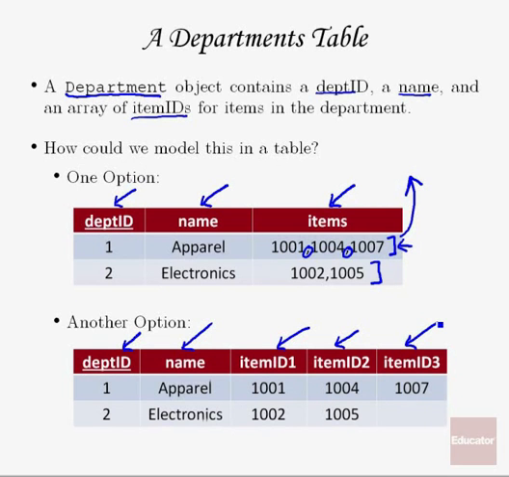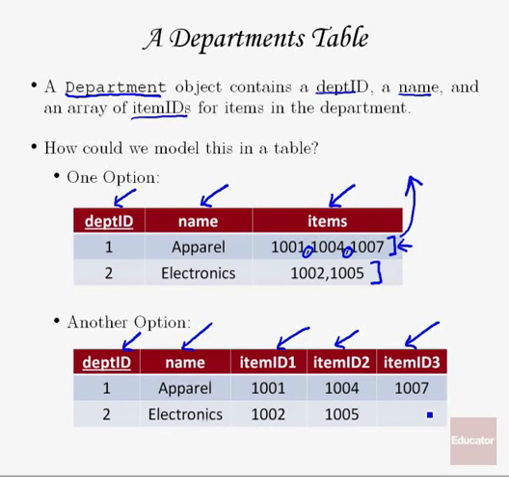In this particular case, the first department, if it was the same exact data as up here, would have 3 values, 1001, 1004, 1007, and so all of those columns would be filled up. However, our electronics department only has 2 items, so it has this empty column here. Well, right now this limits us to only having 3 items in our database.